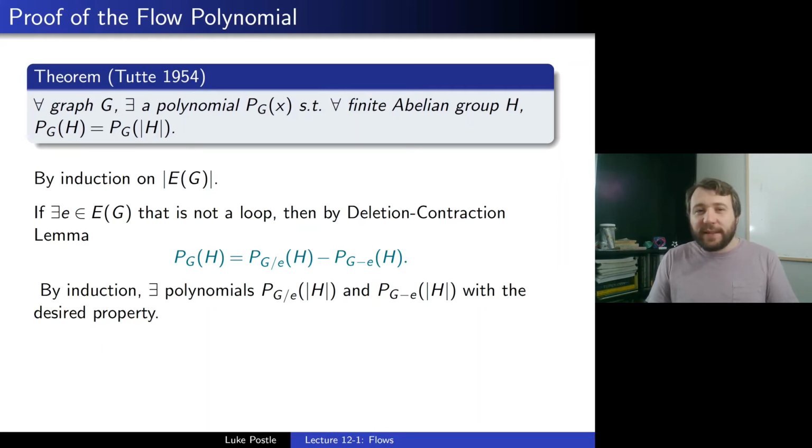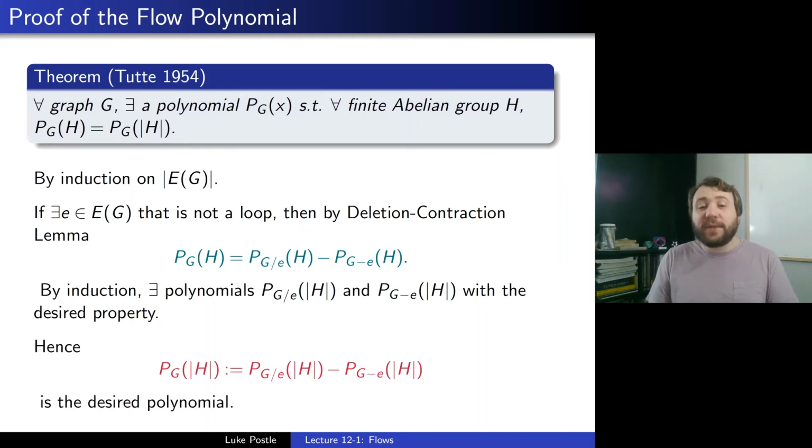We have the existence of these polynomials that work for all H for the smaller graphs. Then we would just define P of G of H, our new polynomial, to be the one given by the deletion-contraction formula, and that would be a desired polynomial, as the difference of two polynomials is a polynomial. Okay, so that concludes the first bit, where you had an edge that's not a loop.